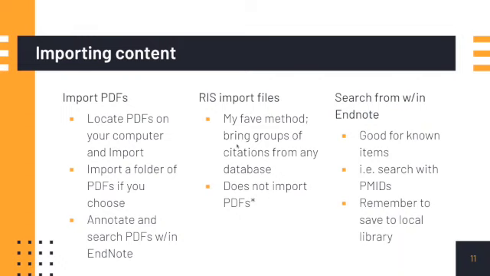And it is a way to bring in volume. So if I'm often bringing in hundreds of papers at a time, or even 15 or something, it's much quicker to bring it in as an RIS import than it is to go and find each PDF and pull them. So that's also dependent on your workflow.